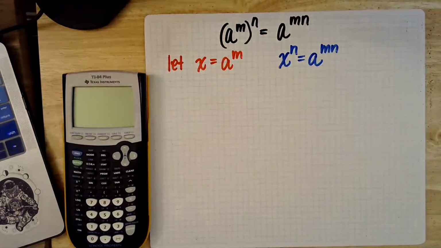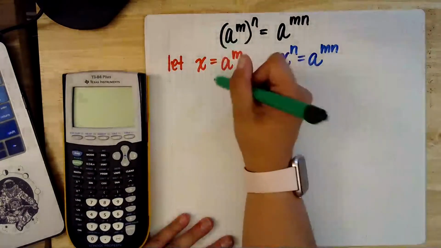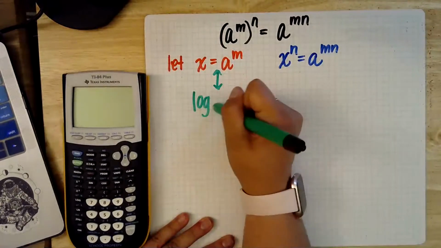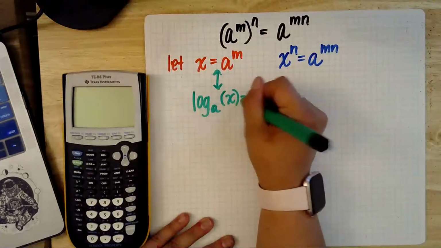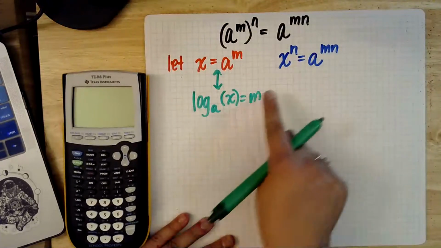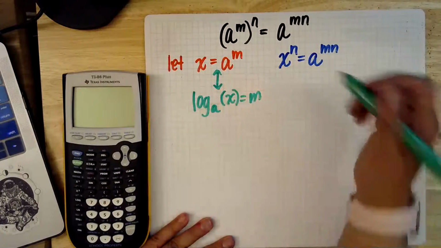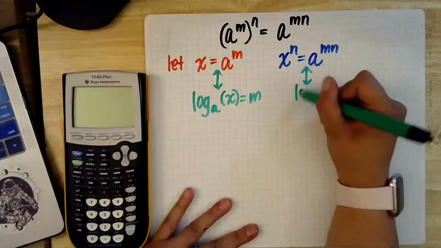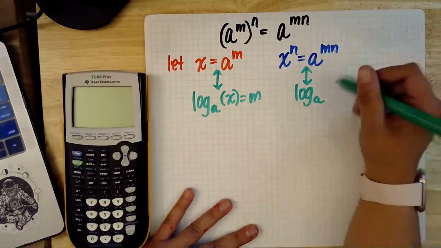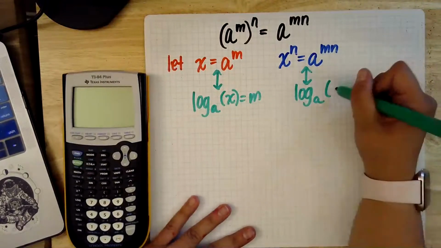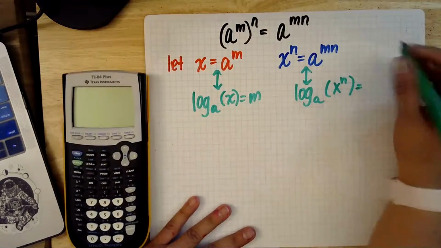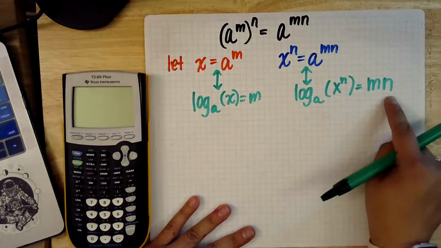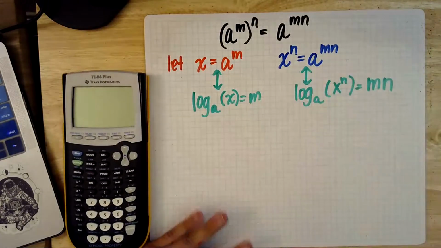Okay. So now the first thing I'm going to do is convert this into its logarithmic form. So again, log a of x is equal to m, because a to the m power is equal to x. Same thing over here. Now here I have log a of x to the n is equal to mn. Again, a to the mn power equals x to the n.